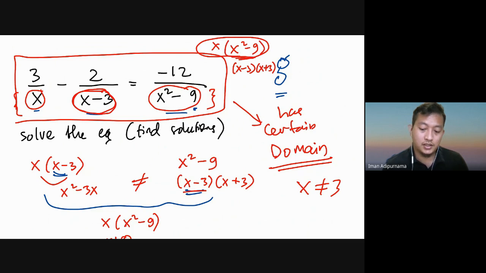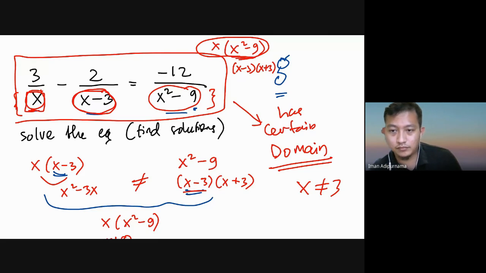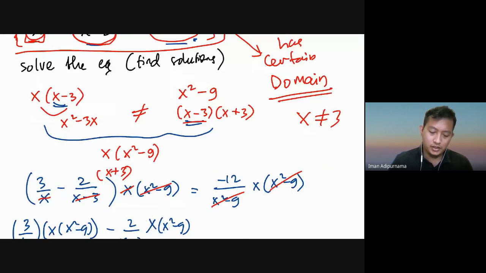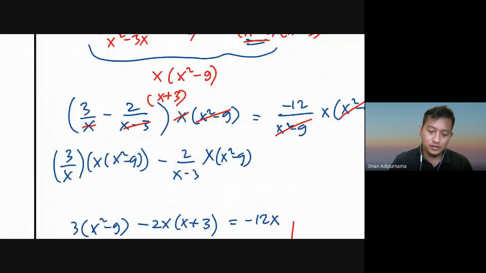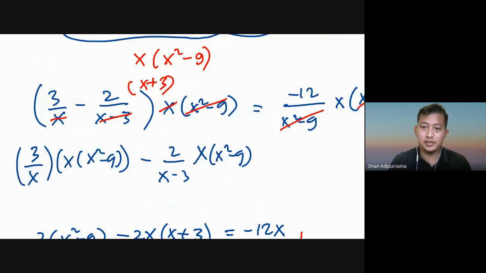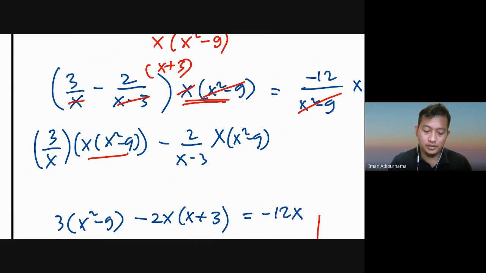So by multiplying the fractions with x squared minus 9, you are already removing all the trouble here. After removing the denominators, it's just basic multiplying. So you multiply one by one here.